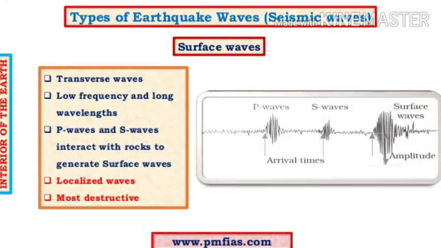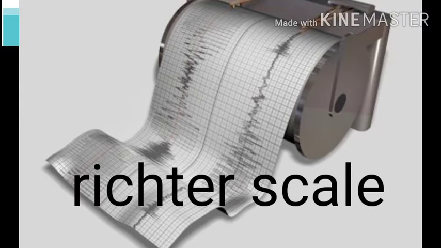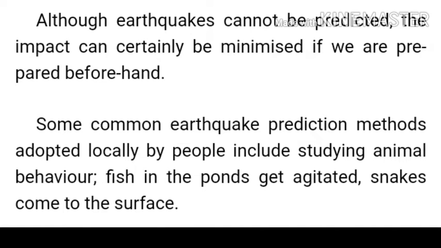The intensity of an earthquake is measured with the help of an instrument called seismograph. For the measurement of the intensity of the earthquake waves, the Richter scale is used. Although earthquakes cannot be predicted, the impact can certainly be minimized if we are prepared beforehand.